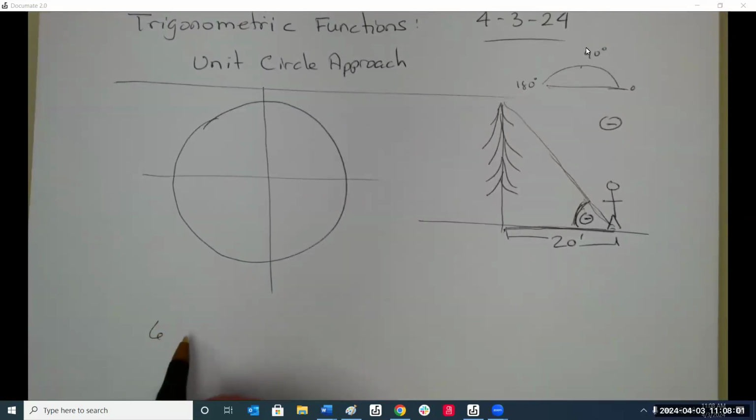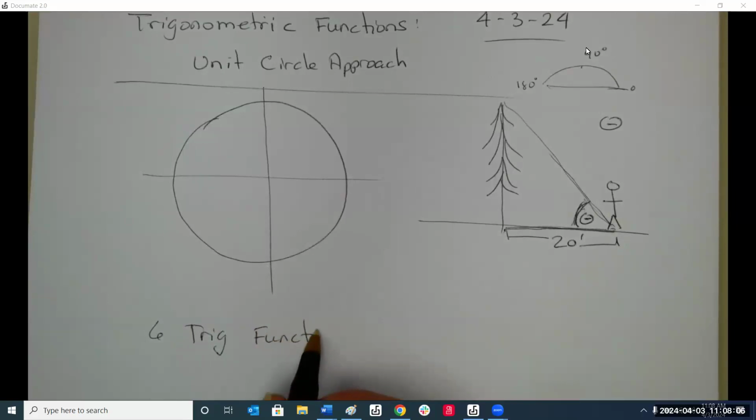There are 6 trig functions, which we're going to define here.